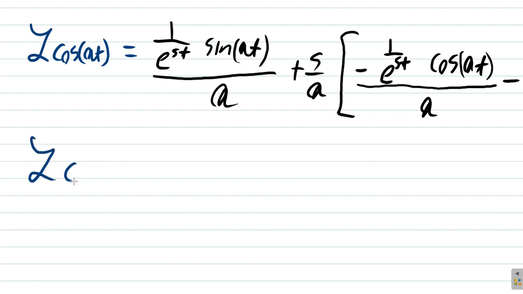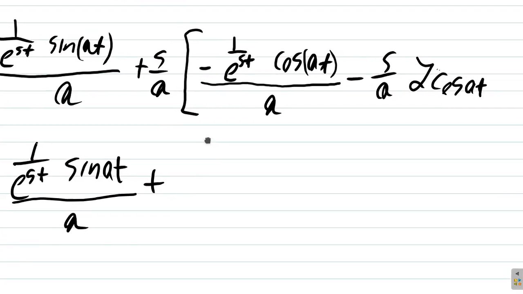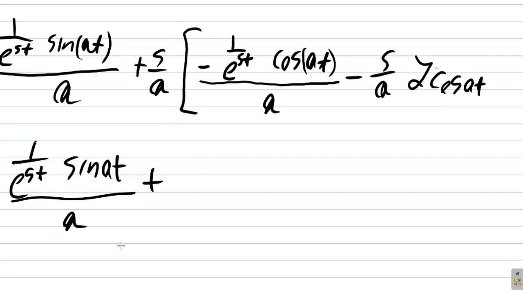The Laplace of cos at is equal to 1 over e to the positive st sine at over a, plus. Let's open this bracket. Oh, we didn't close the bracket here, you know. Okay, good. Let's open this bracket.